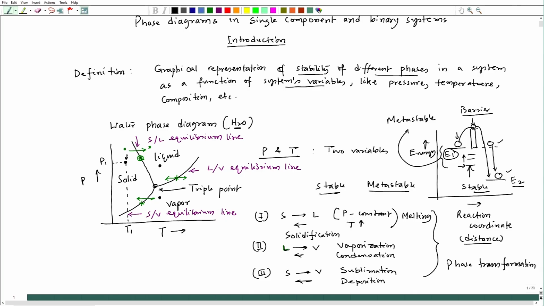So, this is a kind of graphical representation of stability of different phases, and once I know this, I can go a little ahead and try to understand how to change one phase to another. And we will also see examples of the effect of those phase transformations.